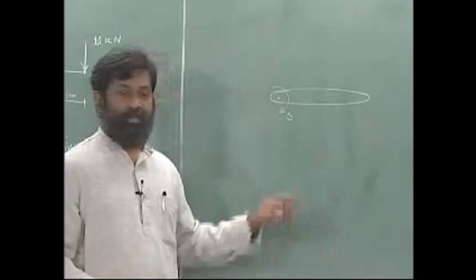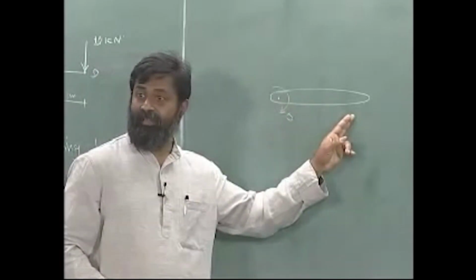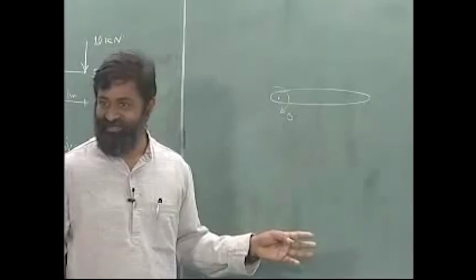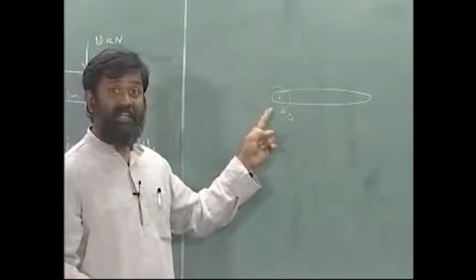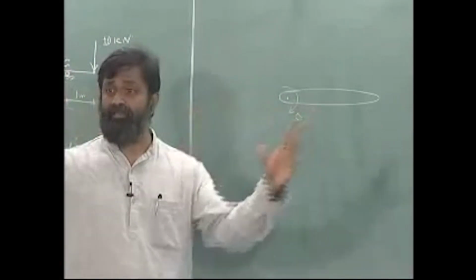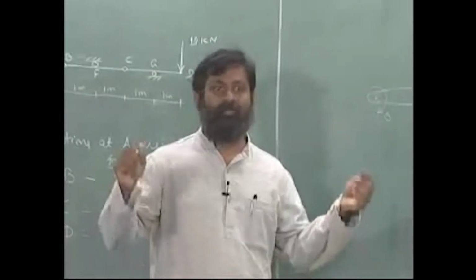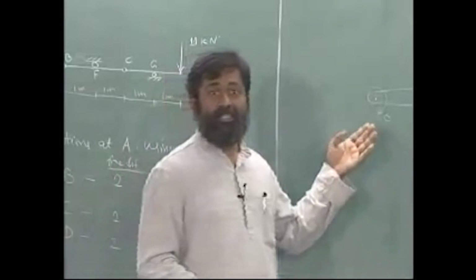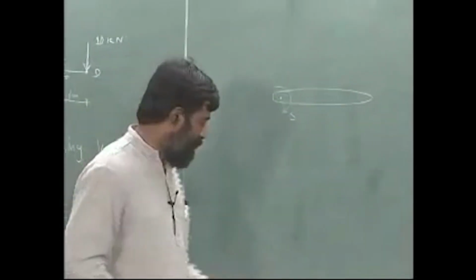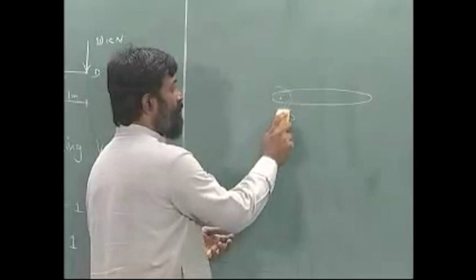Please remember, rotation of any other point is 0, which means if I constrain rotation of a single point of a rigid body, every point of the rigid body will be constrained from rotation. And that is a fact that we used in the previous section of the problem.